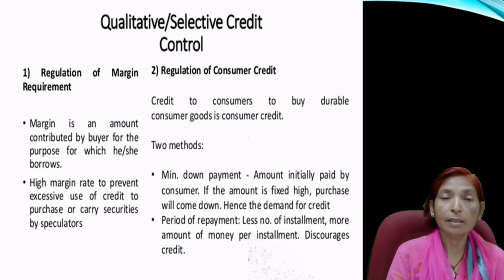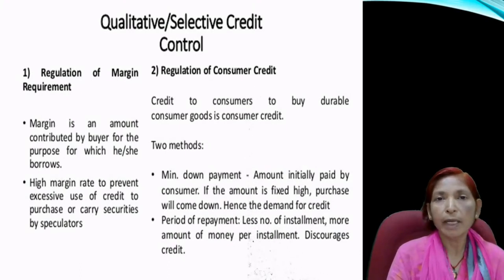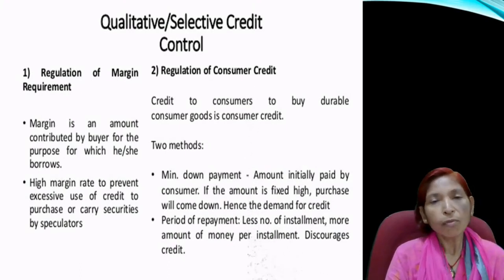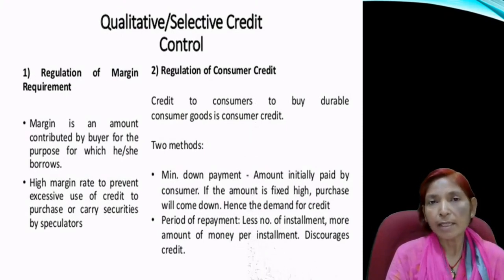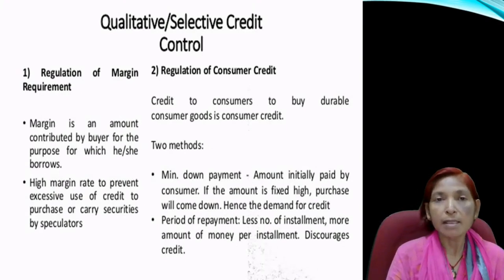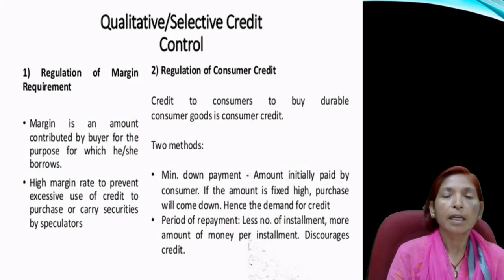And direct action is the action taken by the Reserve Bank of India against commercial banks. If any commercial bank refuses to follow monetary policies, tools, or instruments, then RBI can take action against that bank. RBI can cancel the license of the commercial bank, and RBI can also merge that bank into another bank.